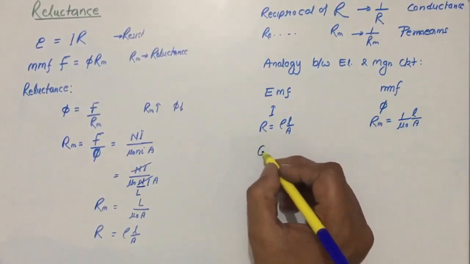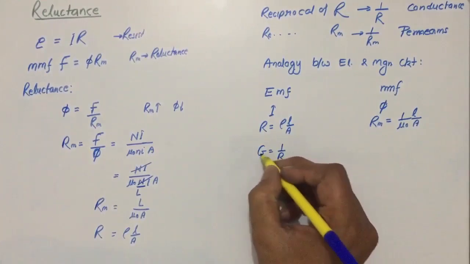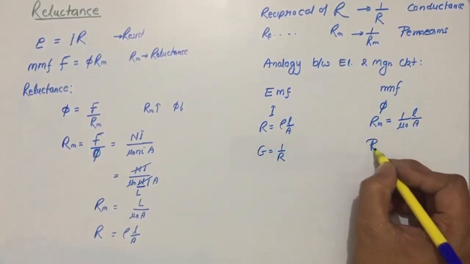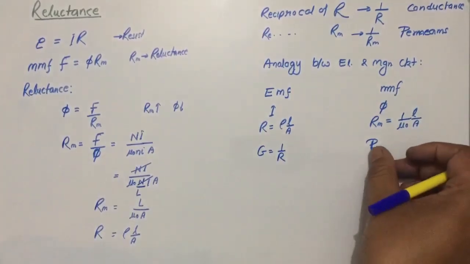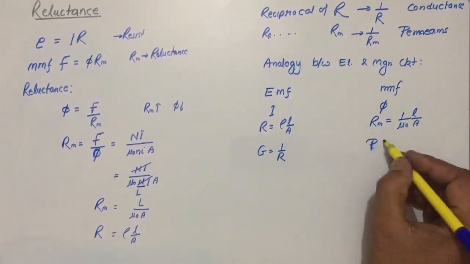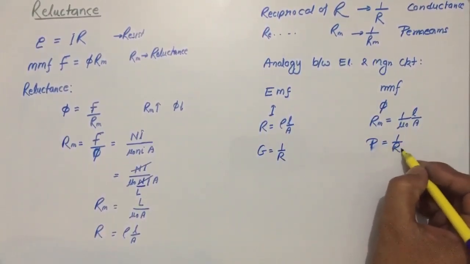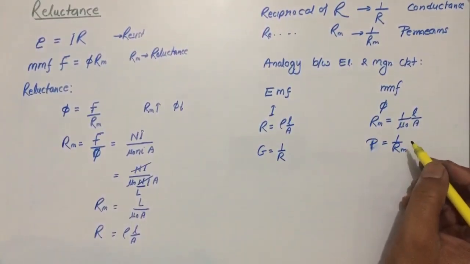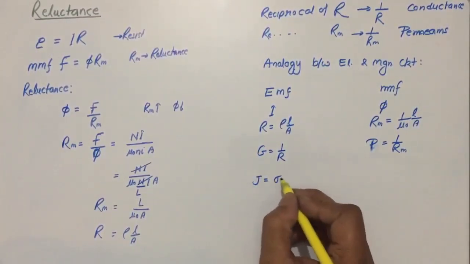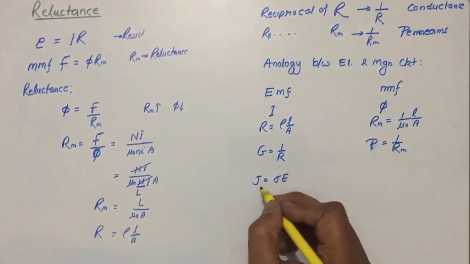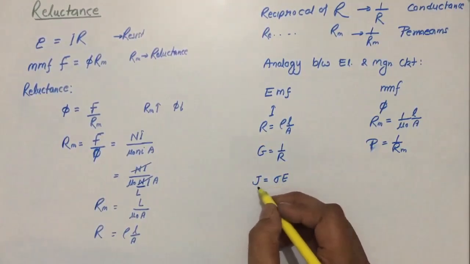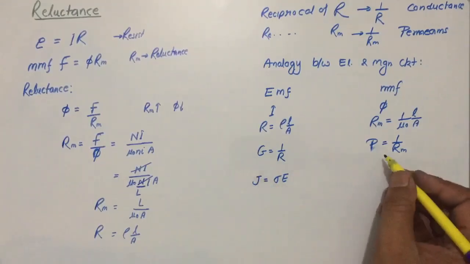The inverse of resistance is conductance. Similarly, the inverse of reluctance is permeance. And in an electric field, the current density is J equal to sigma E, where E is the electric field and J is the current density.